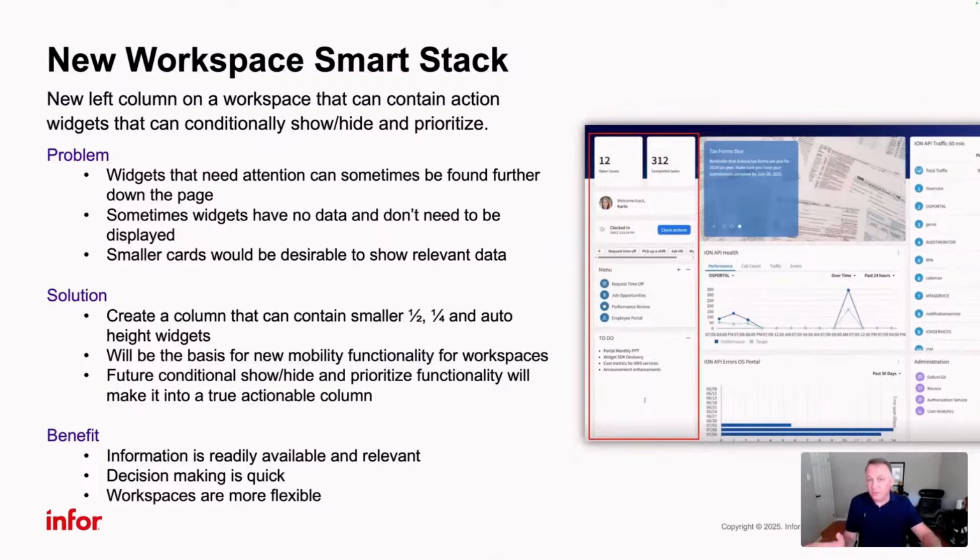So we're not reformatting the entire masonry. This is just the stack itself. And we're changing the heights of the widgets in that stack space only. The heights available will be a quarter, half, the 1x1, of course, and a new feature, Auto, which will basically allow you to dynamically size the widgets as well. We'll look at that in a demo today.